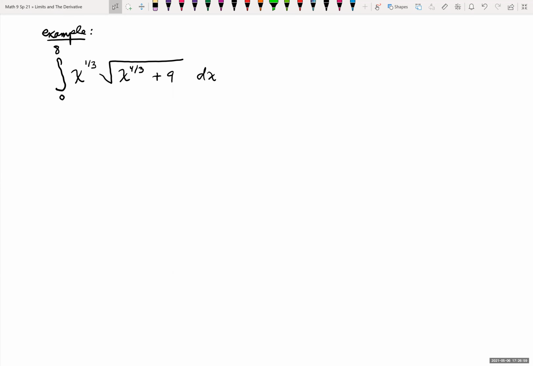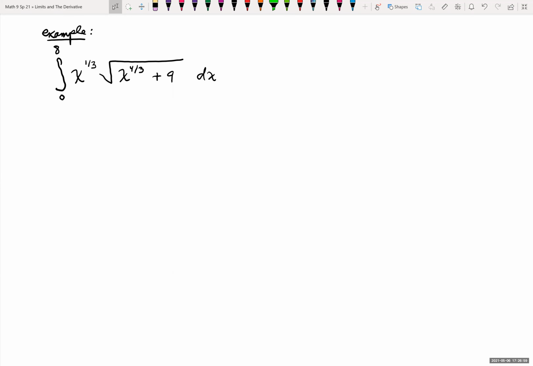So I don't know how to take the antiderivative of a radical. I normally rewrite that as an exponent. The problem is, rewriting that as an exponent, I still have a problem because there's more than one term underneath that radical. So if that's the case, then that's usually what you're going to choose u to be.